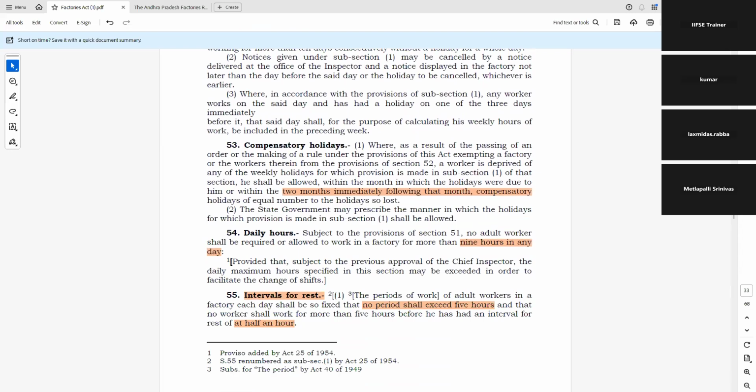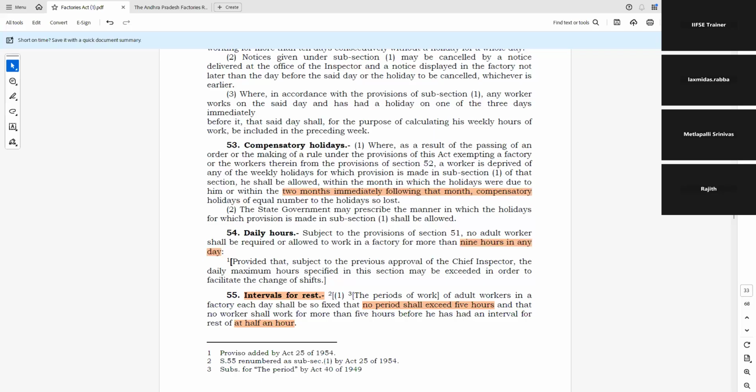Then compensatory holidays. Where, as a result of the passing of an order or making of rules under this Act exempting a factory or workers therein from the provisions of section 52, a worker is deprived of any weekly holidays for which provision is made under sub-section 1 of that section, he shall be allowed, within the month in which the holidays were due to him or within the 2 months immediately following that month, compensatory holidays of equal number of days to the holidays so lost.